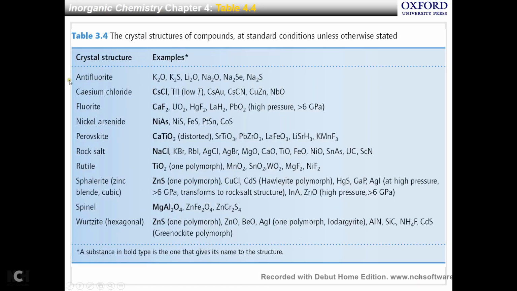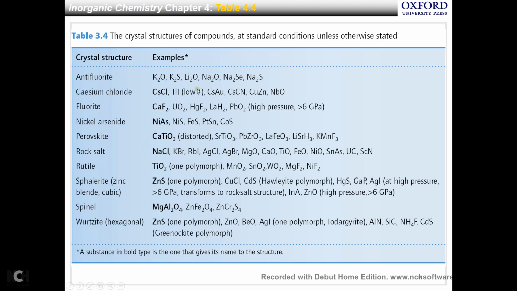This is a more complete table of different crystal structures. For example, rock salt structure is adopted by sodium chloride, potassium bromide, etc. So all those ionic compounds have similar rock salt structure, with each cation surrounded by 6 anions, and each anion surrounded by 6 cations.